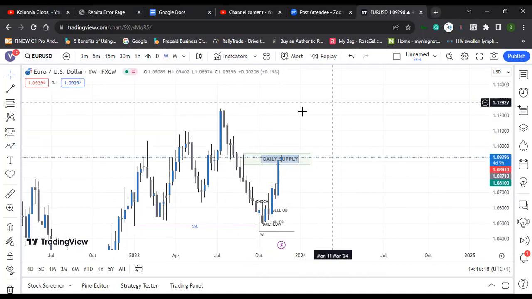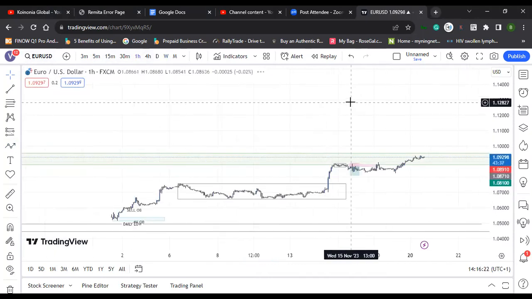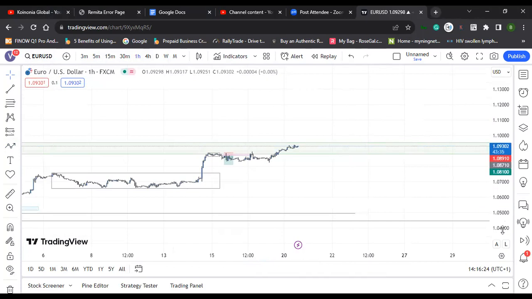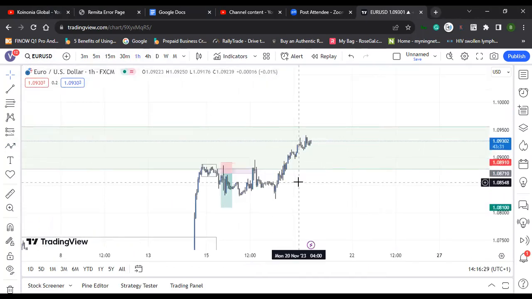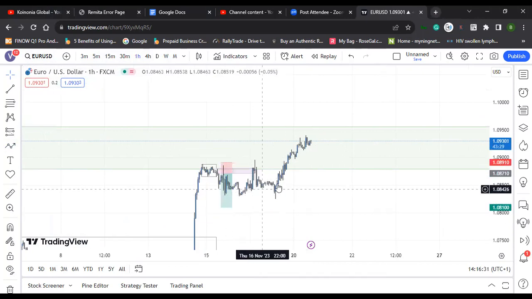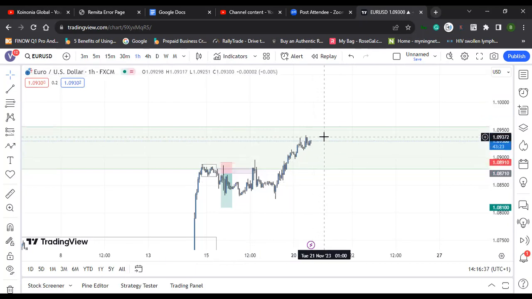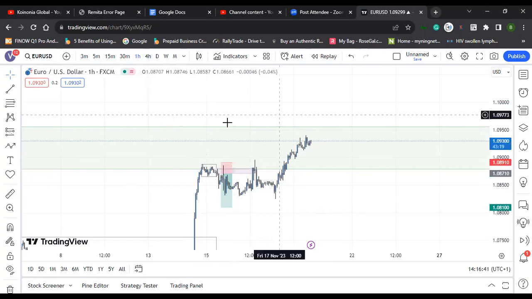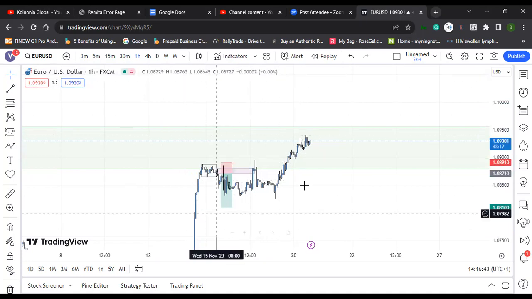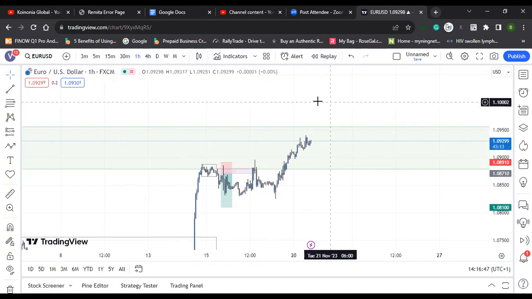This week, Euro USD is even looking more bullish, actually, if you ask me. So for now, I'm going to pay close attention and look at it very well to see what it is actually doing.